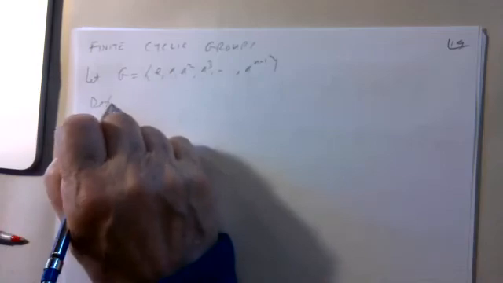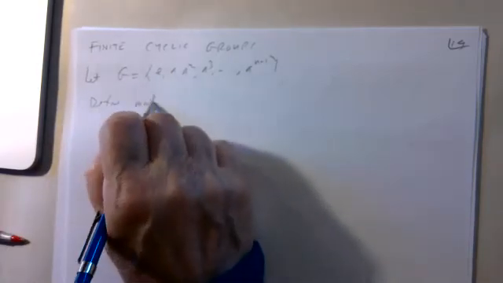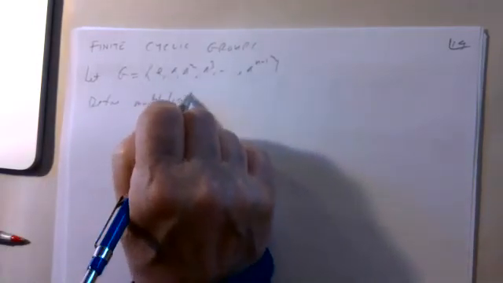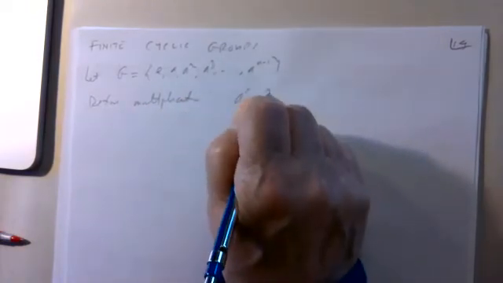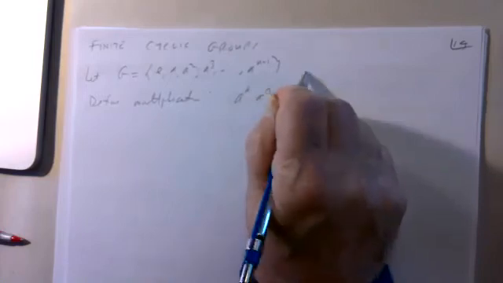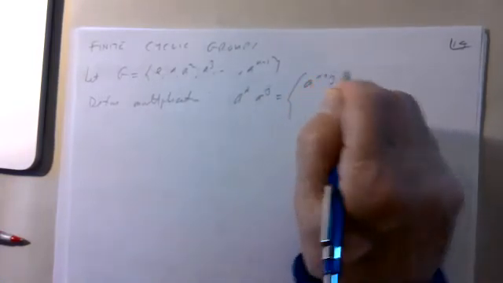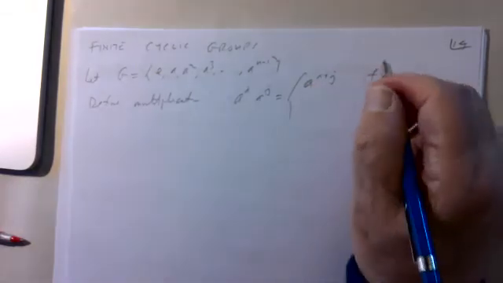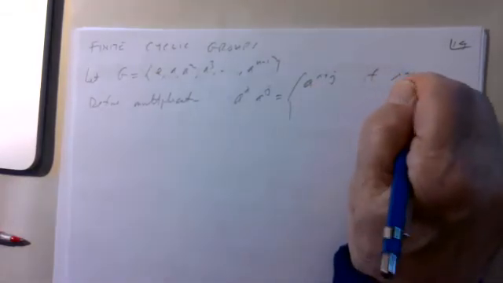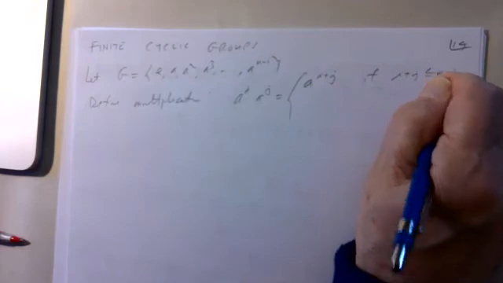And in this set, we define multiplication as follows. A to the I times A to the J, well, there are two possibilities. It's going to be A to the I plus J if I plus J is no bigger than n minus 1.